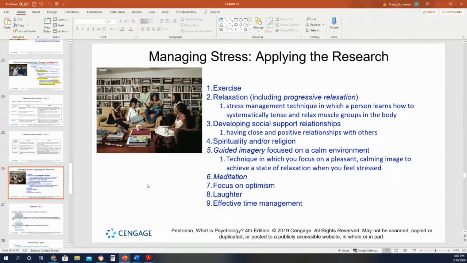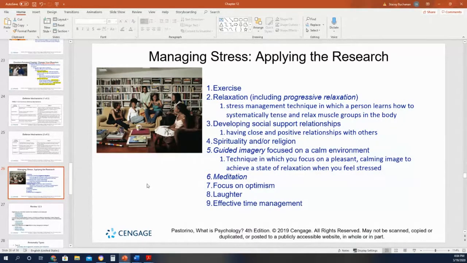Progressive relaxation might be you close your eyes and you learn how to relax your toes. And then you breathe. And then you're like, okay, relax your leg muscles. And then you start relaxing your muscles progressively, systematically, all the way up your body or muscle groups in your body.